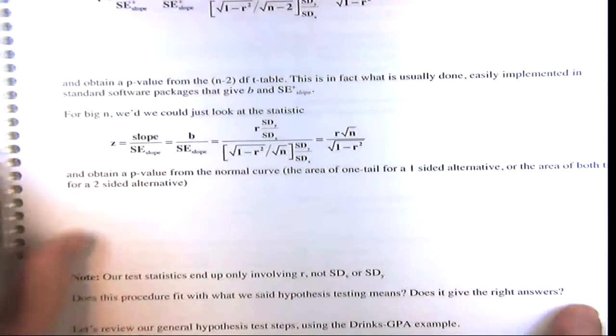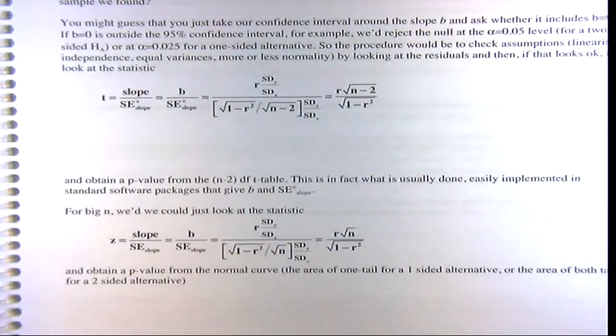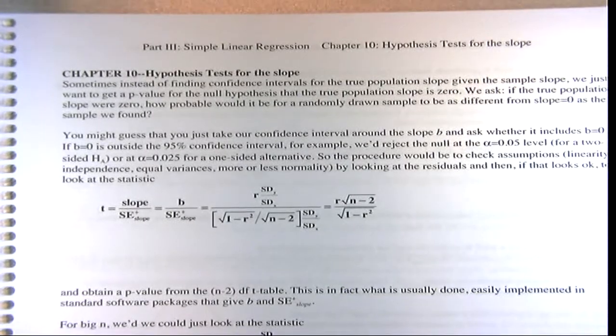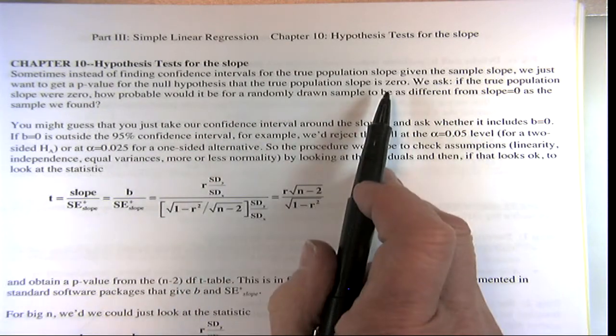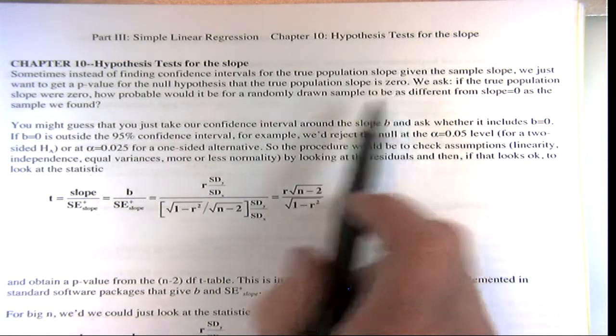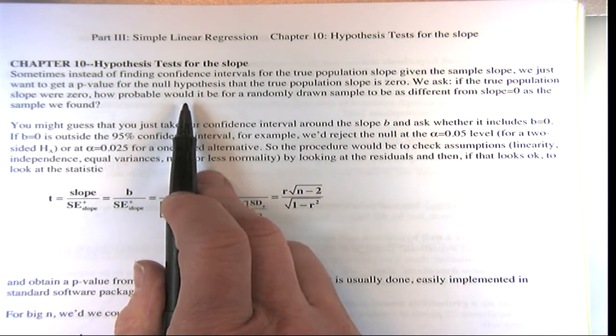So now our last thing we're going to do is look at hypothesis tests for the slope. All right. So sometimes instead of finding confidence intervals for the true population slope, we just want to get a p-value. We want to make a yes or no decision.